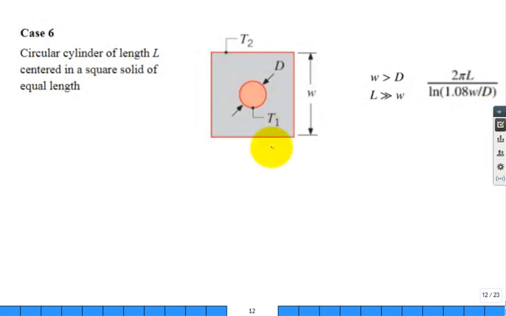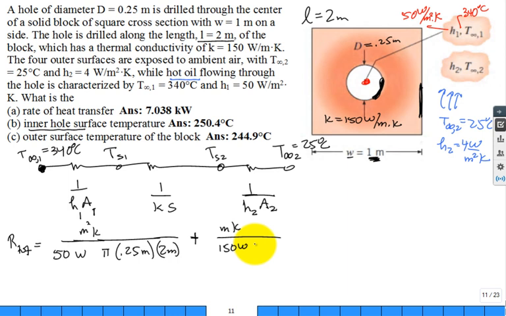Our shape factor is 2 pi L divided by the natural log of 1.08 W over D. Let's just put it in the equation: 2 pi times 2 meters, times the natural log of 1.08 times W, which is 1 meter, divided by D, 0.25. You can make an intermediate calculation of that shape factor.